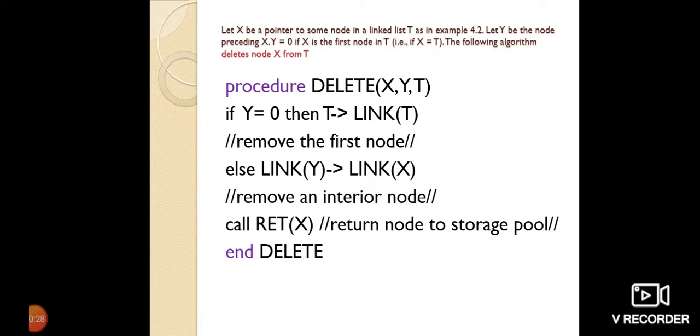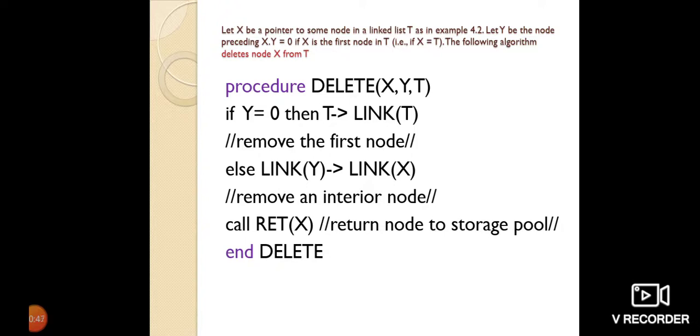Suppose you're going to delete the first node, then the condition is if y is equal to 0, then link of t is equal to t. Link of t is equal to t means the first node will get deleted, because there is no other node.